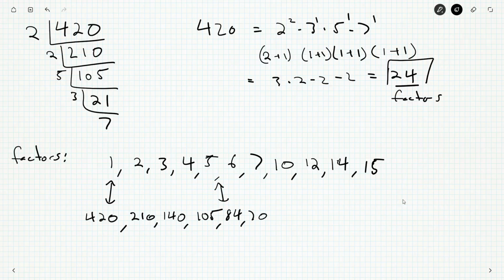Divided by 6 will be 70. Divided by 7 will be 60. Divided by 10 will be 42. Divided by 12 will be 35. It helps to have these prime factors over here. Divided by 14 will be 30. Divide by 15, and it'll be 28.